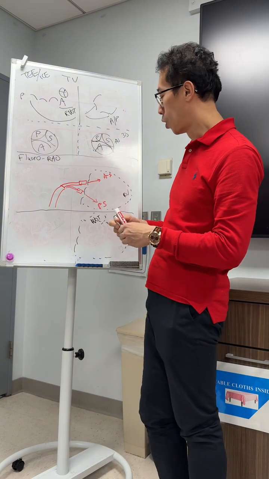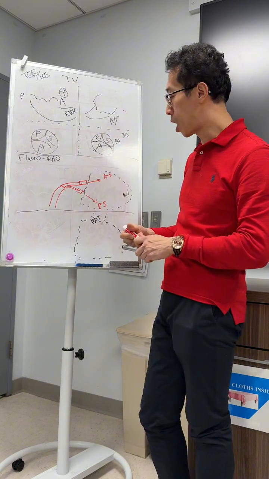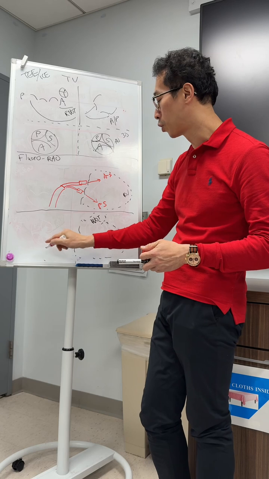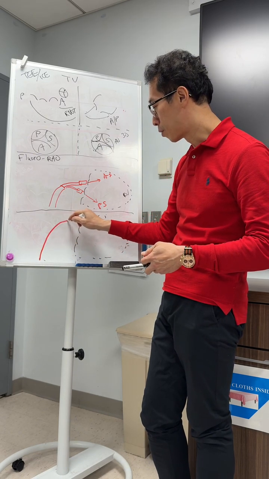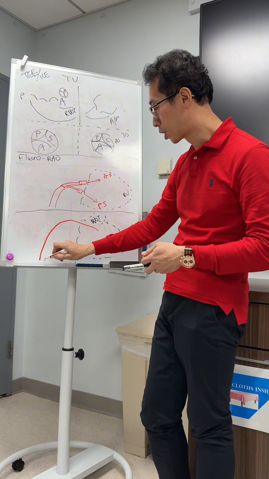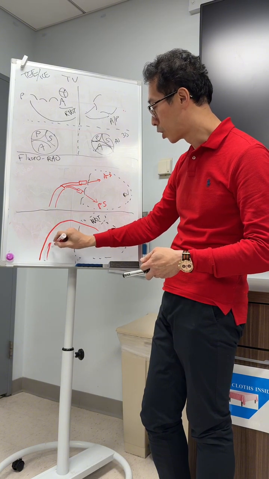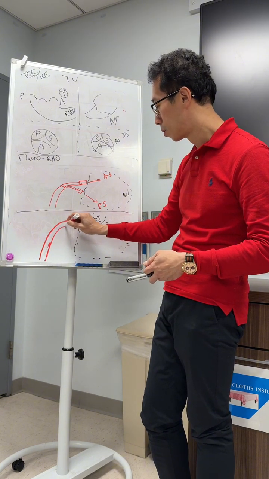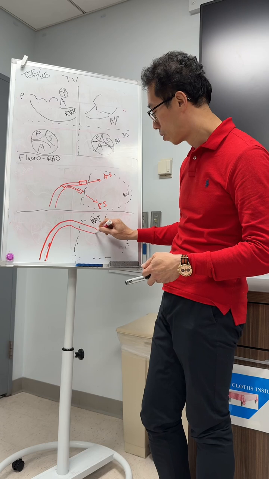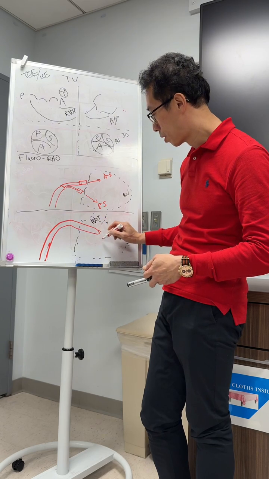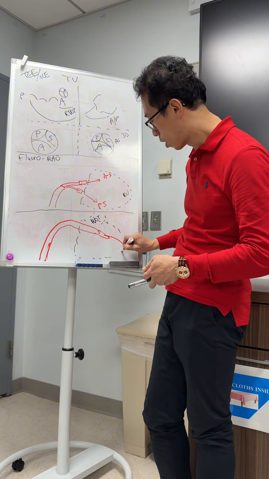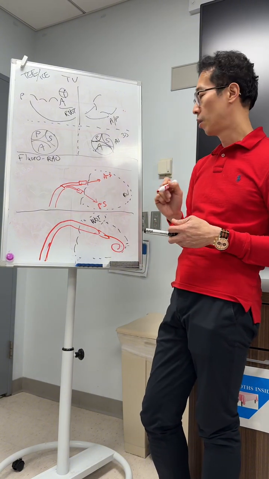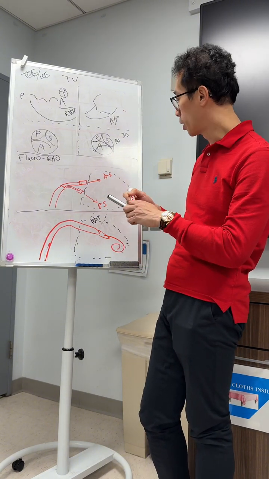Okay? So now with TTVR, you have to think about the same principle, right? So your device coming up, and then you advance this, and then now you have this kind of situation. Okay, so now you have your nose cone and your stiff wire in the apex. So you should be aware that there's orientation.